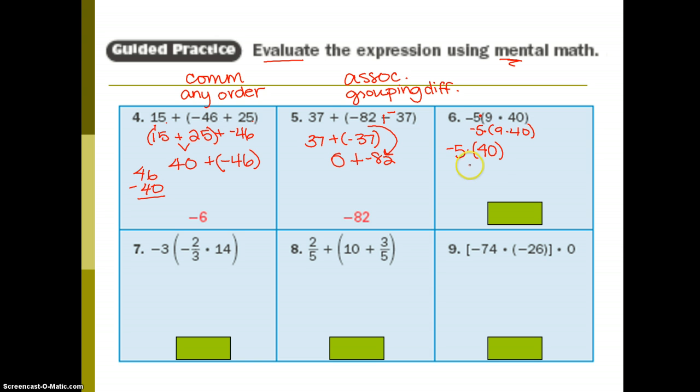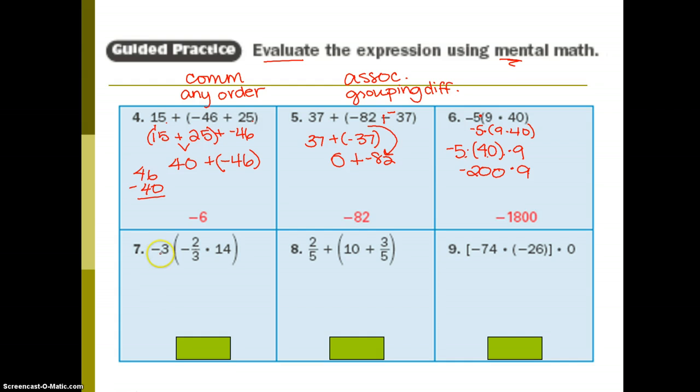Why is that going to be better? Because 5 times 4 is 20, add the 0, and different signs negative. And now I can just do 9 times 2, which is 18, add the 2 zeros at the end, different signs is negative.